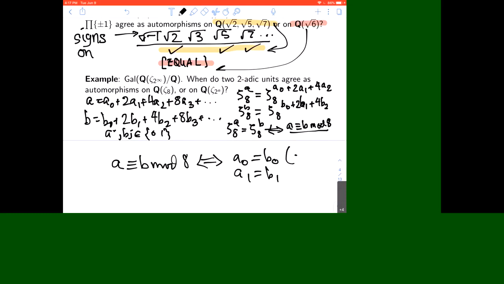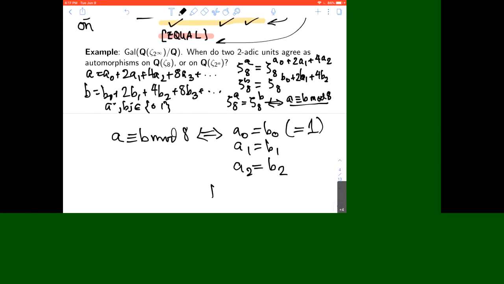Now, the first ones, well, those were already the same, so maybe not the best example in the world, because there wasn't really a constraint there. But that's it, okay? That's all. So that's what it means for them to look the same on Q zeta 8. The first few digits are the same.